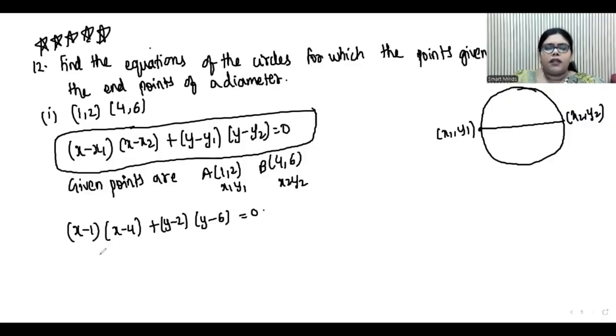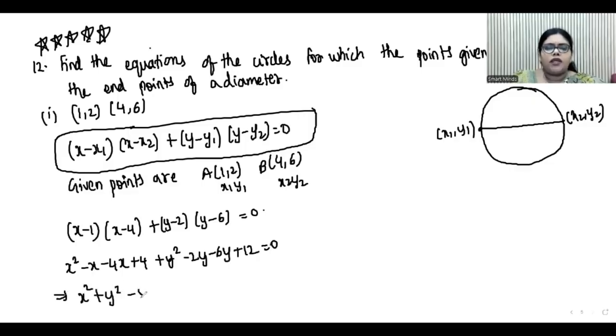Now if you multiply this, you will get x square minus x minus 4x plus 4 plus y square minus 2y minus 6y plus 12 is 0. So what is the final answer? x square plus y square minus 5x minus 8y plus 16 is equal to 0. This is the final answer.